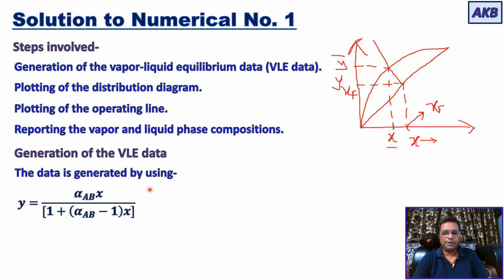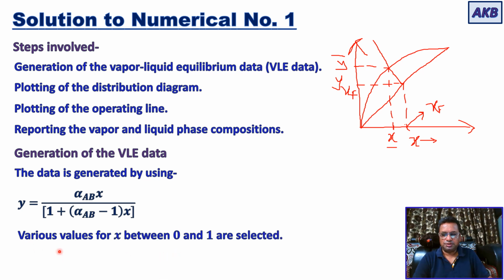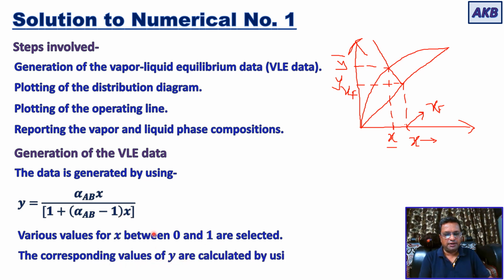This equation can be used when you have an ideal system. N-heptane and n-octane can be assumed to be behaving ideally, and you can use this equation. So what is the approach? We are going to select values of x that lie between 0 and 1, and then the corresponding values of y are calculated by using this equation.